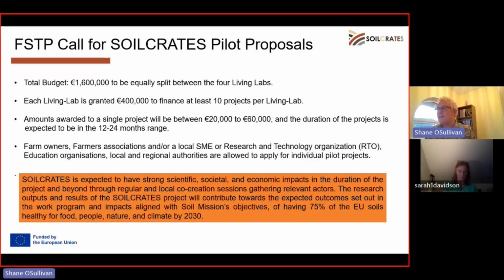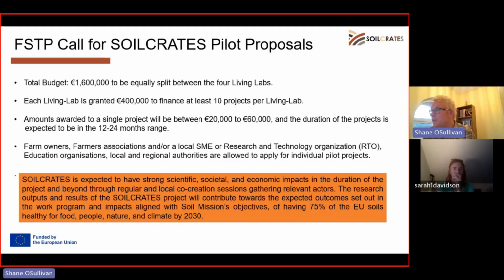And Soilcrates is expected to have strong scientific, societal and economic impacts during the duration of the project and beyond, through regular and local co-creation sessions. And these sessions allow for different actors, farmers, scientists, educators, community activists, all to come together to learn about how to improve and enhance soil quality, and to learn about the different experiments that have taken place, and to share the key learnings with others.